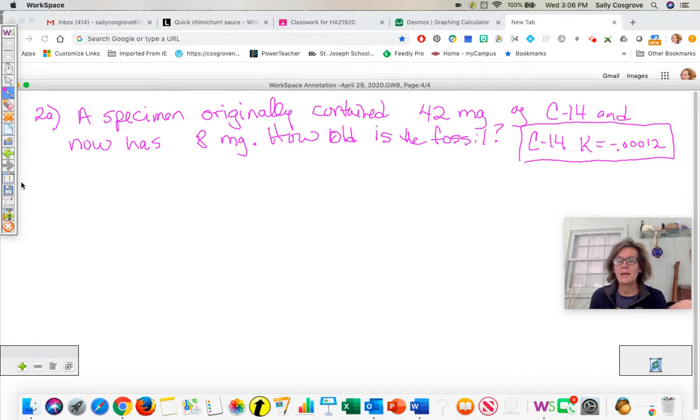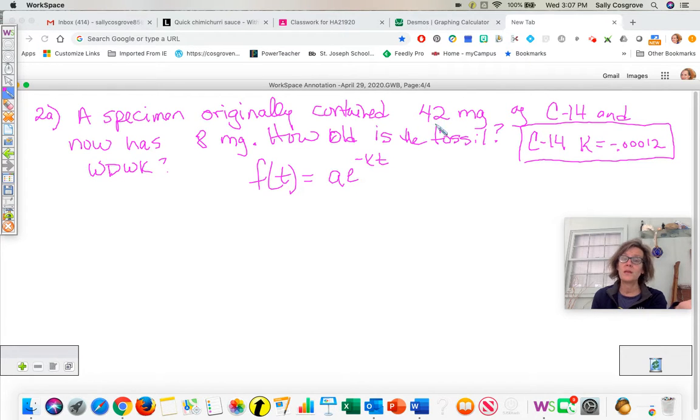So let's think, first of all, let's figure out what we know. So that's that question. What do we know? So look in the problem. What are we given? 42 milligrams. And it says that's how much it originally contained. So think about, in our equation, F of t equals A times E to the negative KT.